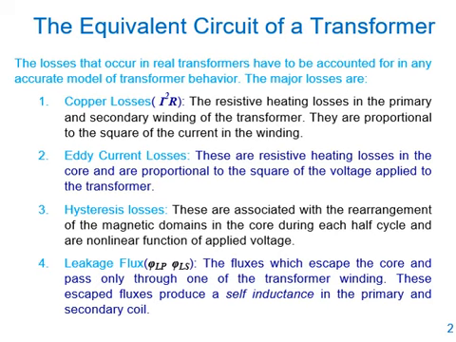As we have studied in the previous lecture, these are the fluxes which escape the core and do not pass through both windings. They pass through only one of the windings. These fluxes produce a self-inductance in the primary and secondary coil. So these losses are also incorporated in finding the equivalent circuit of a real transformer.